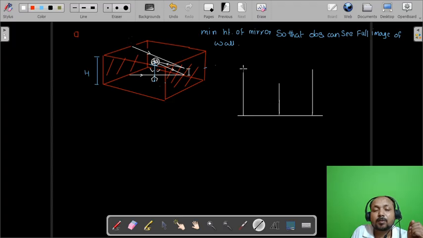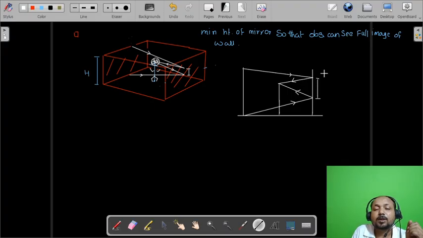So from the top of the wall, the reflected ray has entered the eyes of the observer. Similarly, from the bottom of the wall, the ray has entered the eyes of the observer. Now this height we have to find out.